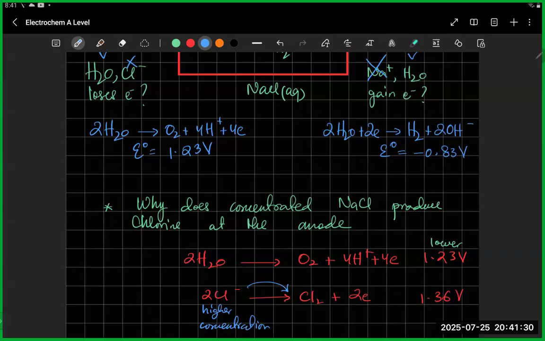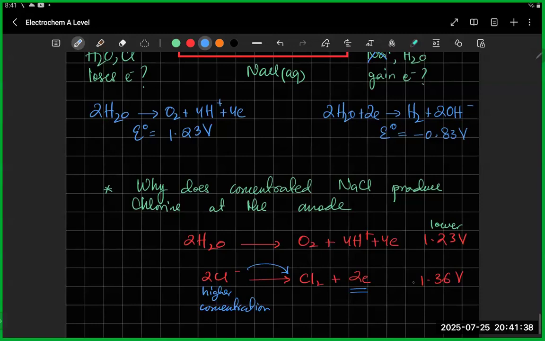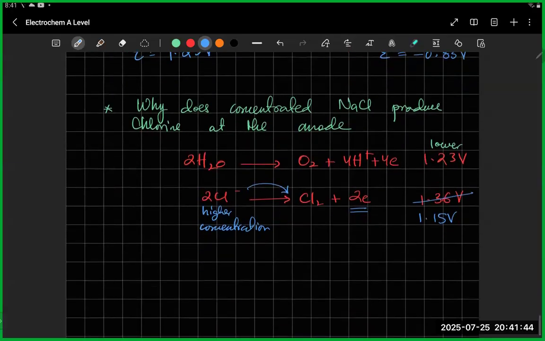A higher concentration would push the Cl minus 1 towards the right, and more electrons are going to be produced. And when more electrons get produced, the potential would decrease. So maybe it becomes 1.15 volts.